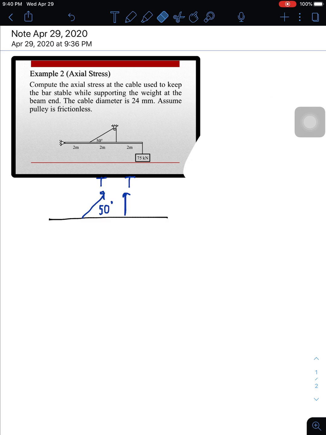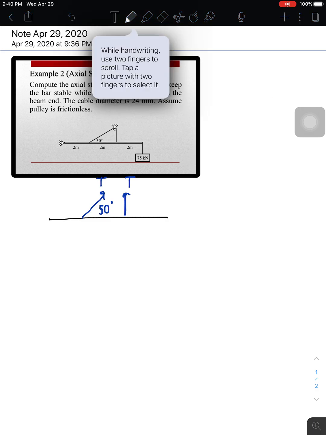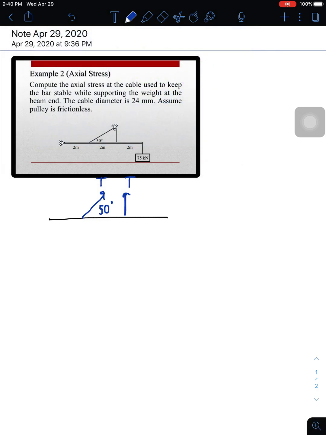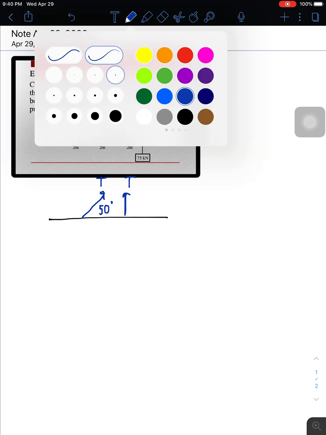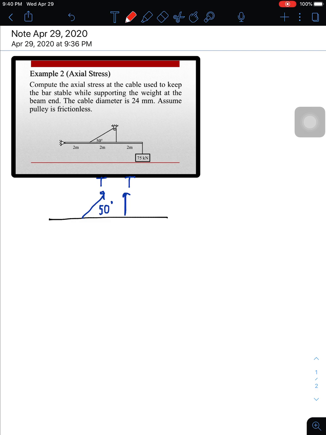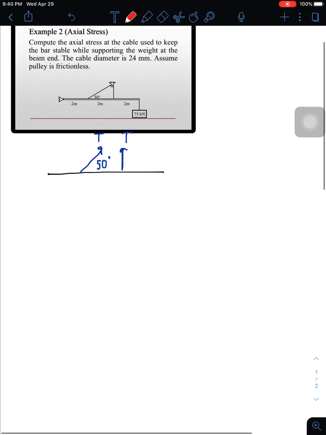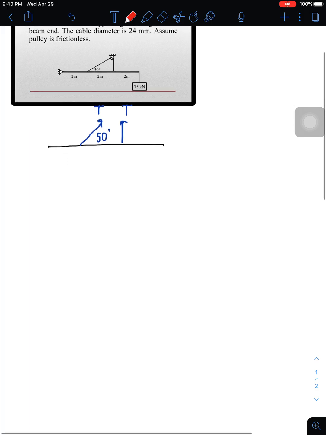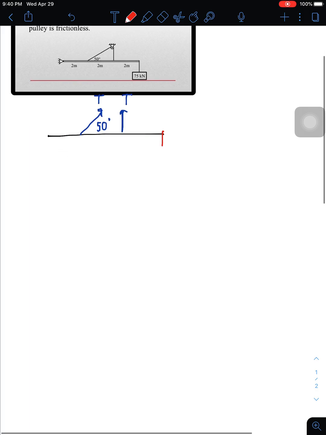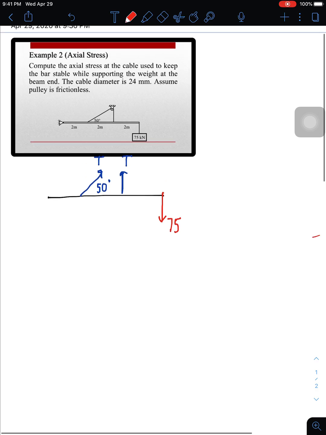So let us continue. Since we have this tension cable already, let us also not forget that we have a 75 kilonewton load, and it is directed downward because of the nature of the load.